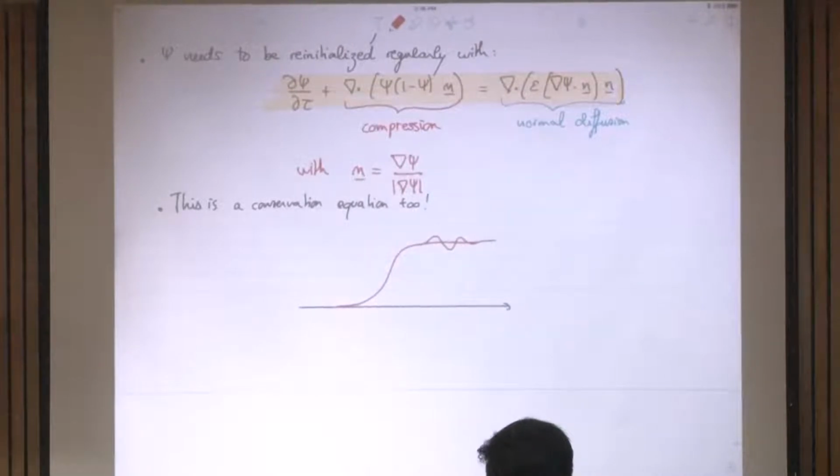Overshoots, undershoots, some oscillations. It could be minor, it could be a few percent of the size of the profile. So oscillations may develop.